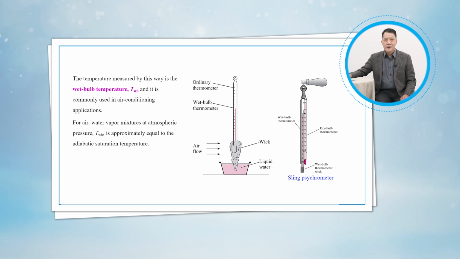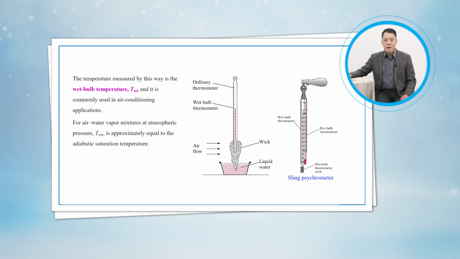A device that works on this principle is called a sling psychrometer. Usually, a dry bulb thermometer is also mounted on the frame of this device so that both the wet and dry bulb temperatures can be read simultaneously.